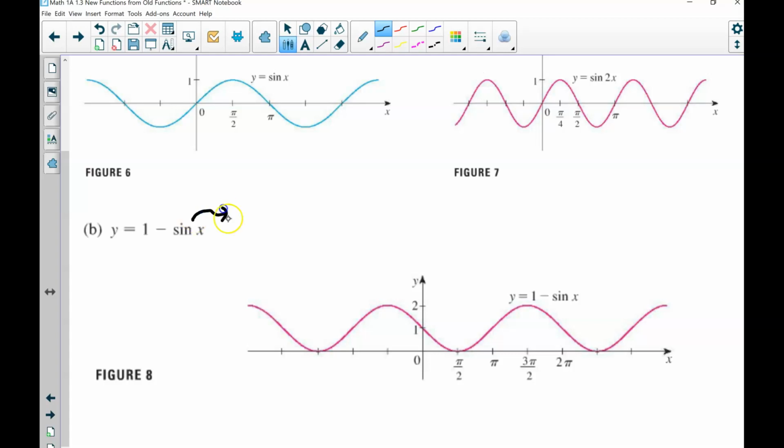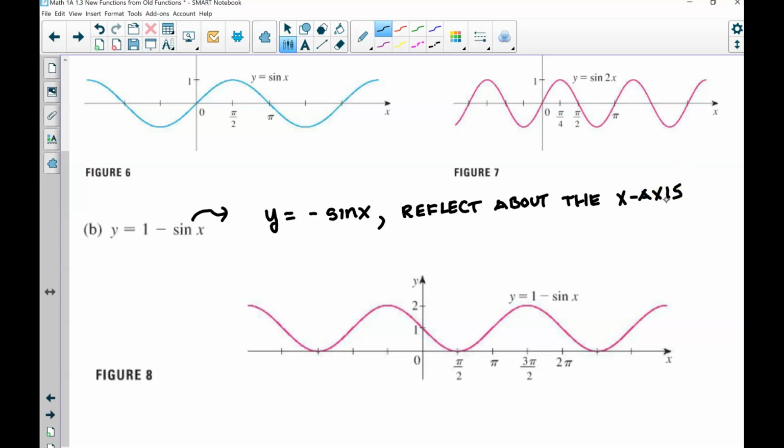So because this is y is equal to negative sine of x, we reflect about the x-axis, and that's according to the rules that we have in the previous slide.